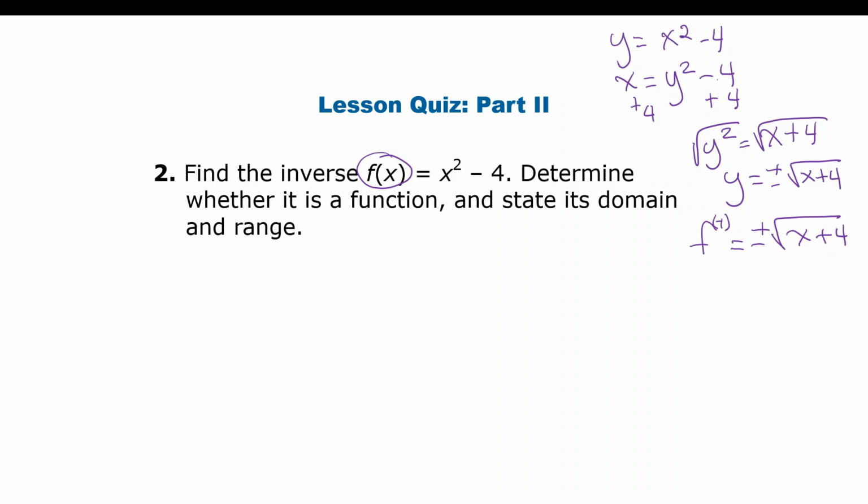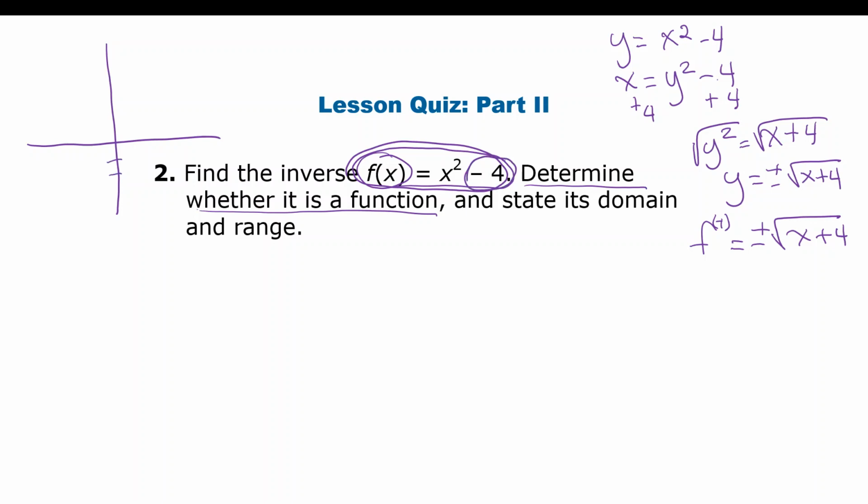And the next thing that it tells us to do is determine whether it is a function, and then we need to state its domain and range. So let's decide whether it is a function. So let's take our original problem, f of x equals x squared minus 4. This is a pretty easy picture to draw, because we know the parent function, x squared, and this says just take the parent function and translate it down 4 units.